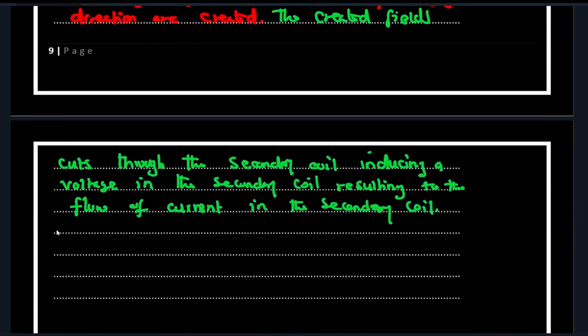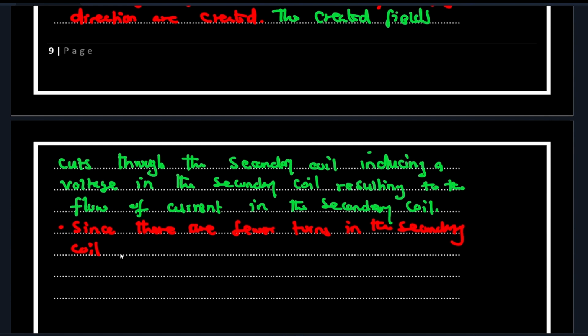So when there is a voltage in the secondary coil, since the conductor used to make that secondary coil has electrons, the electrons will be provided with electromotive force.